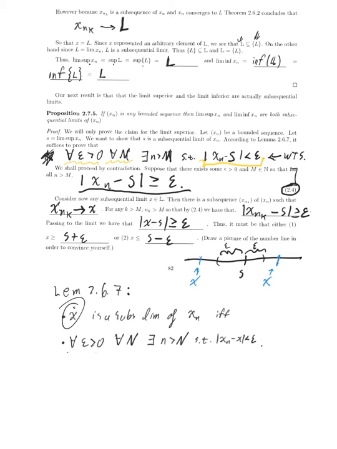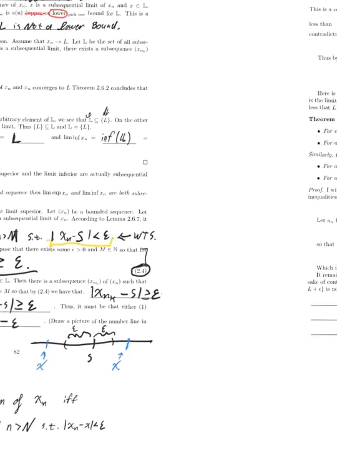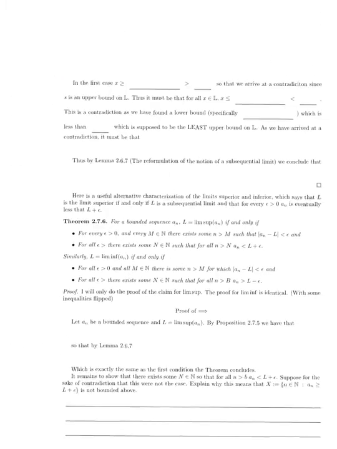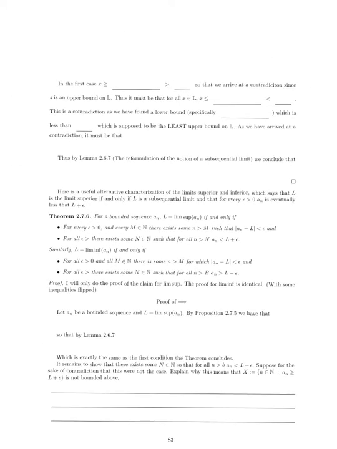All right, so let's get a contradiction in each of these cases. So either x is bigger than or equal to s plus epsilon, or x is less than or equal to s minus epsilon. And the first one is obviously problematic. In the first case, x is bigger than or equal to s plus epsilon, which is bigger than big S, and recall that is the lim sup of x n.